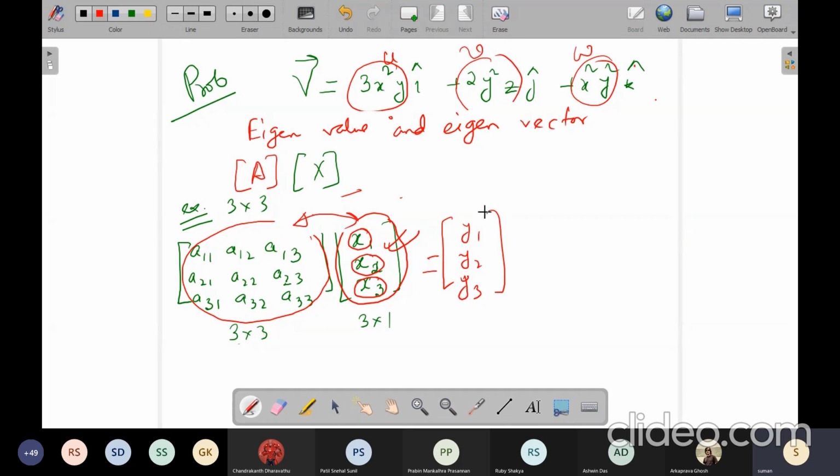That means the combination of this is being transformed to a vector. This final culmination.